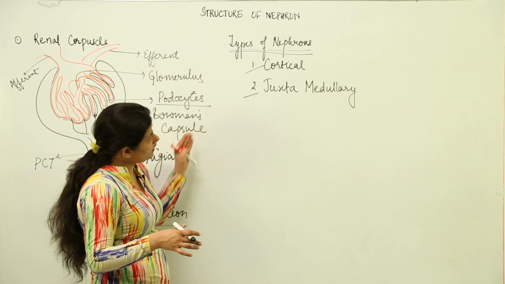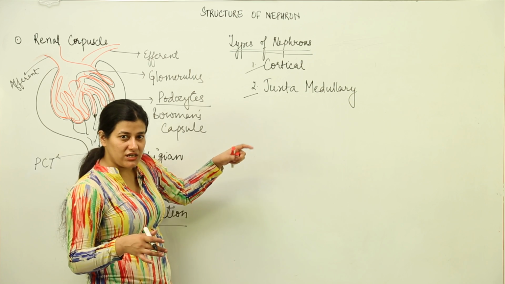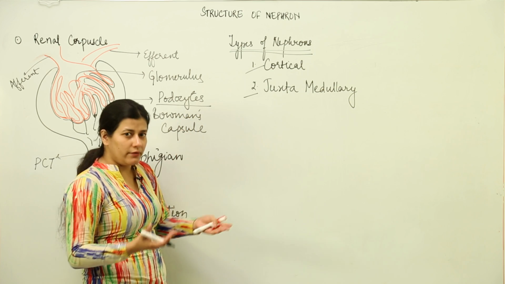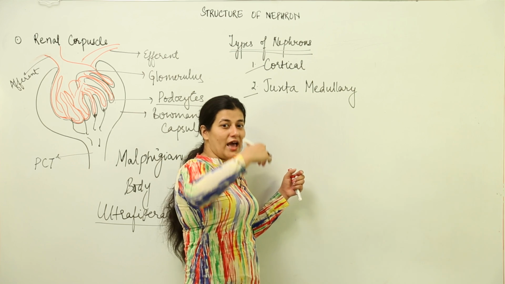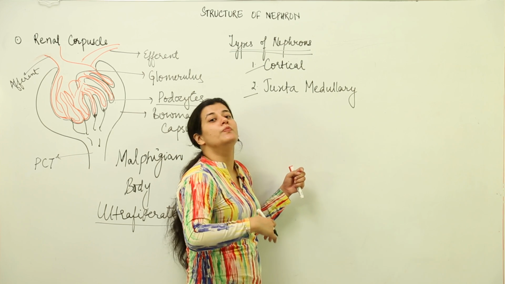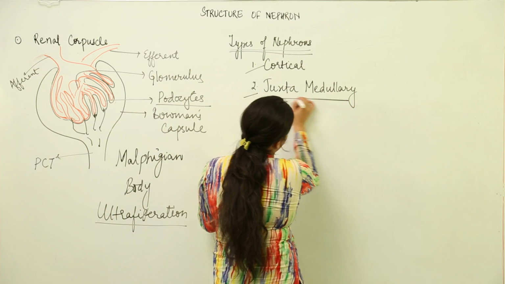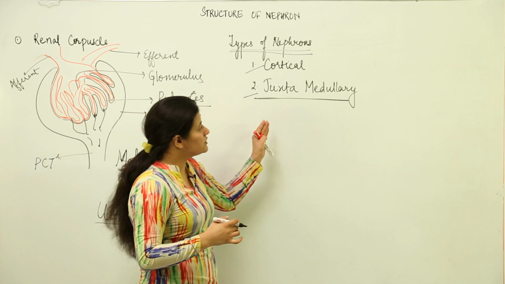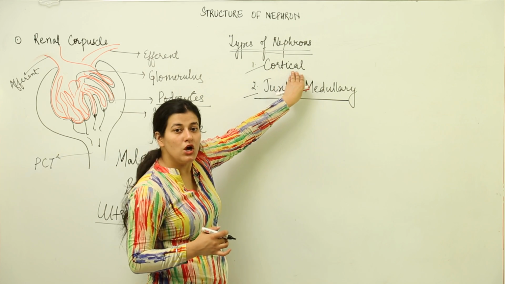Again recall the structure of nephron, that the PCT, the DCT, the glomerulus, they are otherwise also present in the cortex itself, but if the loop of Henle has descended greatly into the medulla, then that nephron would be known as juxtamedullary nephron, and if it is not that much descended into the medulla, then the nephron is known as cortical nephron.